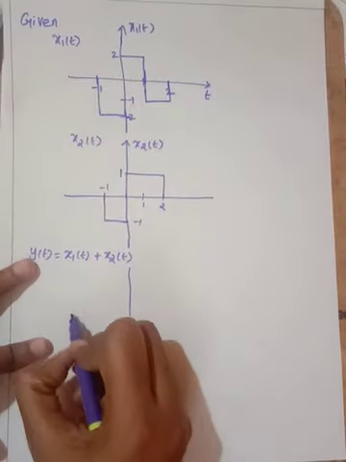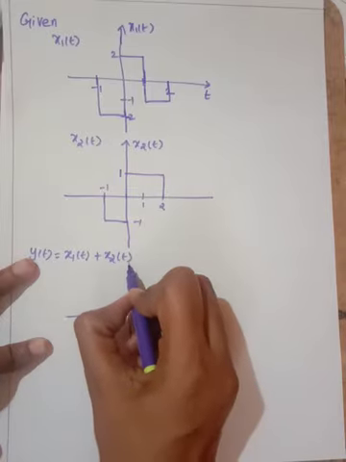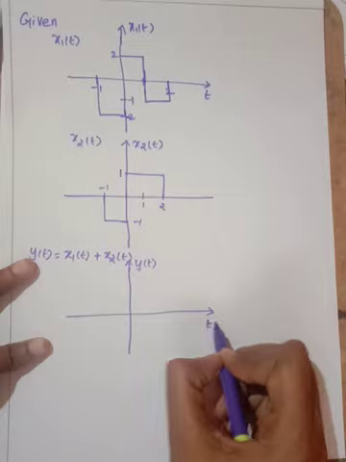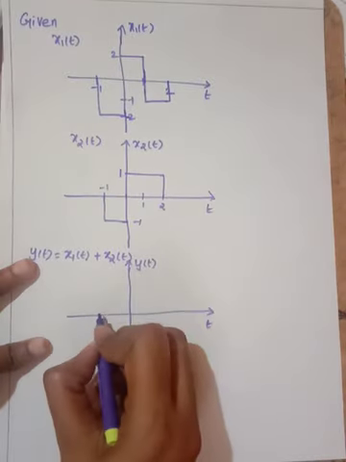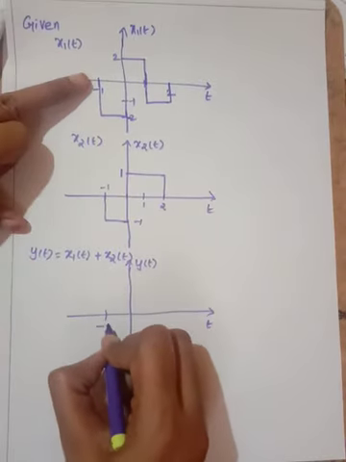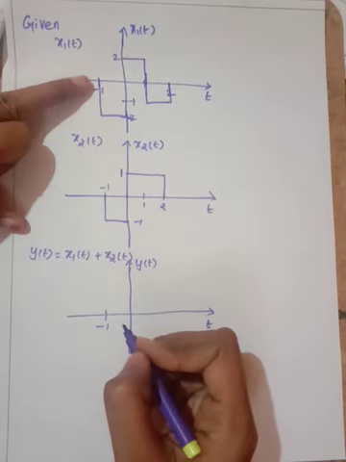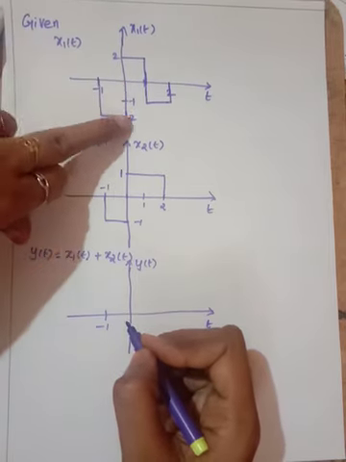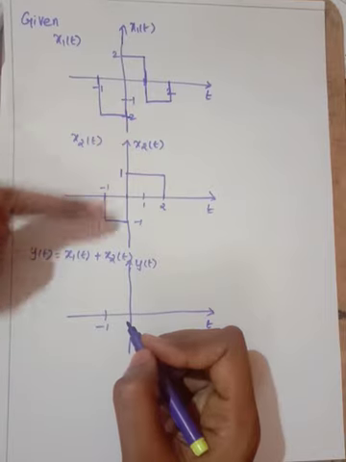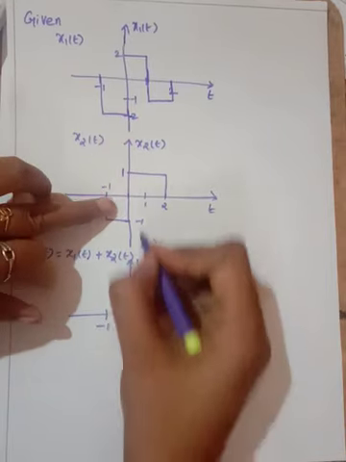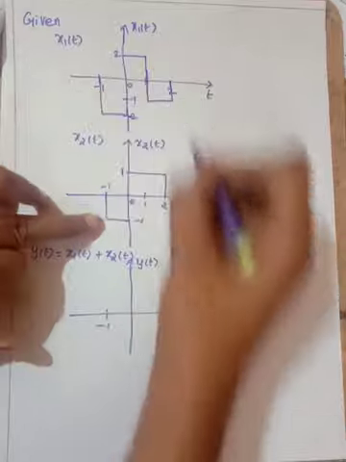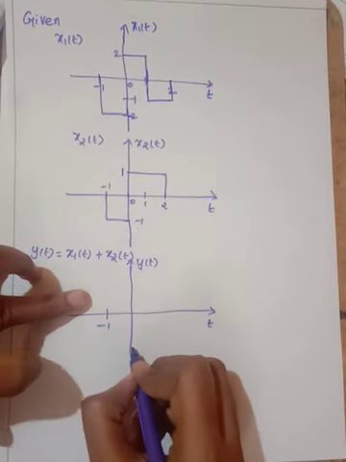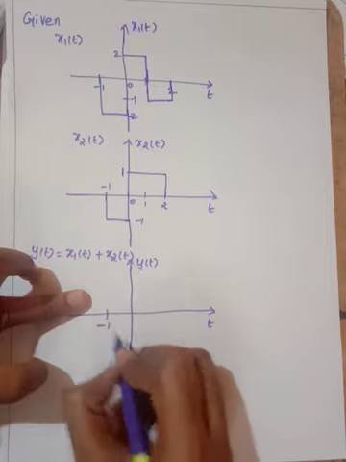If you need to add two signals, we add the values at the indices. So this is your y of t. First, the minimum index is -1. From -1 to 0, x1 has constant -2 and x2 has constant -1. When you add -2 and -1, you get -3.